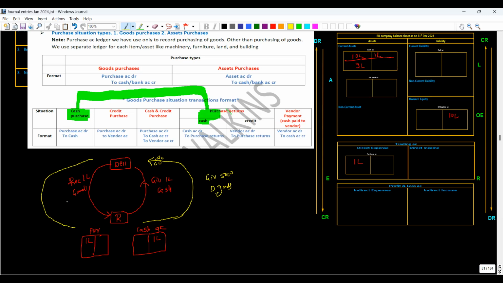Yes. Because first we paid the cash, so we get cash back or not? We first purchased in cash; if we return, will we get money or not? Let's assume our company is receiving 5,000 rupees cash.